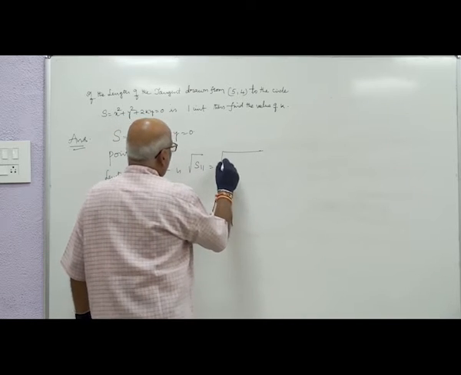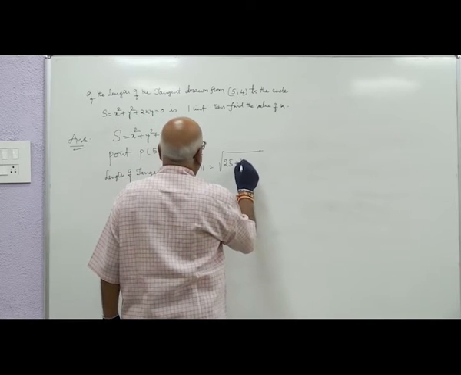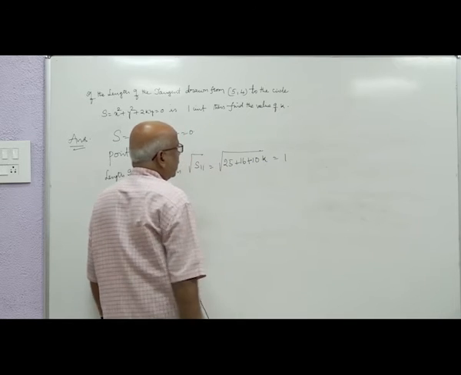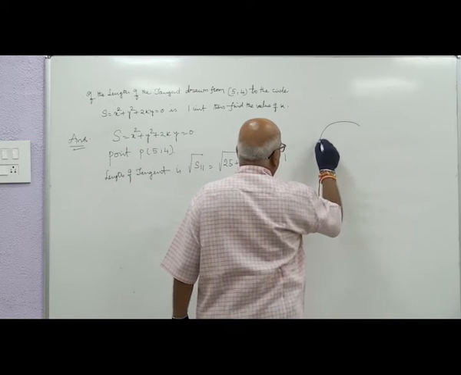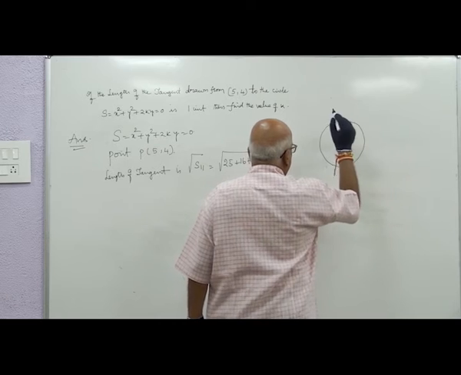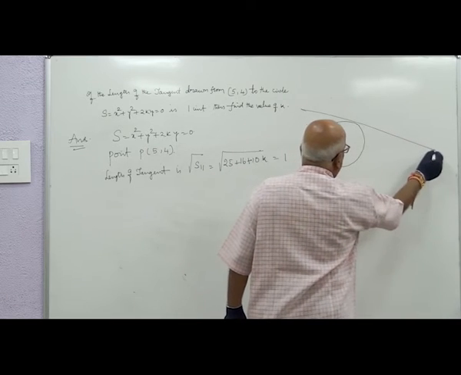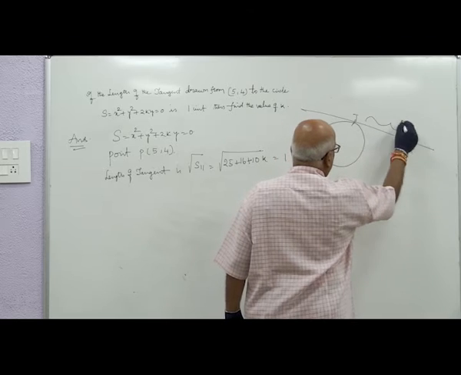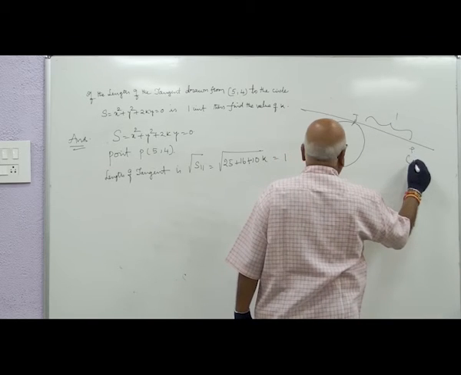Root of 25 plus 16 plus 10k is equal to 1, he gave. That means if you see the diagram, suppose this is the circle and this is the tangent. This length he has given as 1 unit. Point is 5, 4.